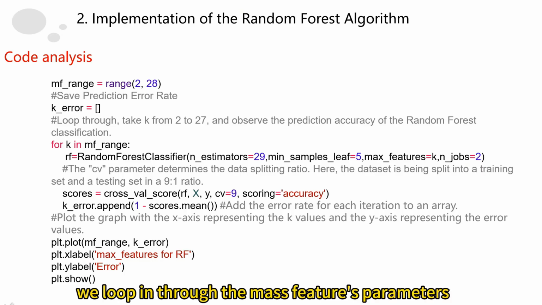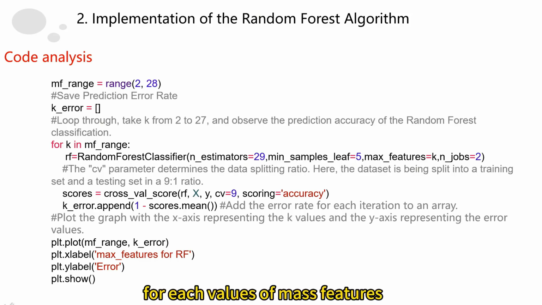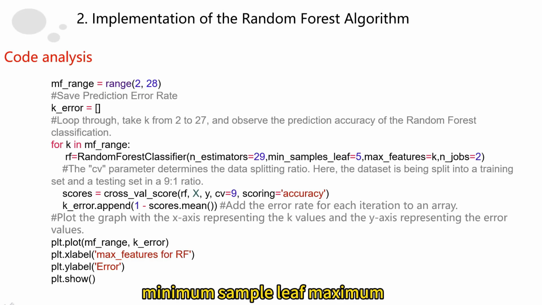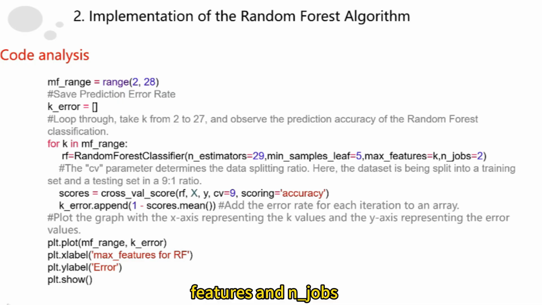And then we loop through the max_features parameters. For each value of max_features, a random forest classifier is created with specified hyperparameters, including n_estimators, min_samples_leaf, max_features, and n_jobs.